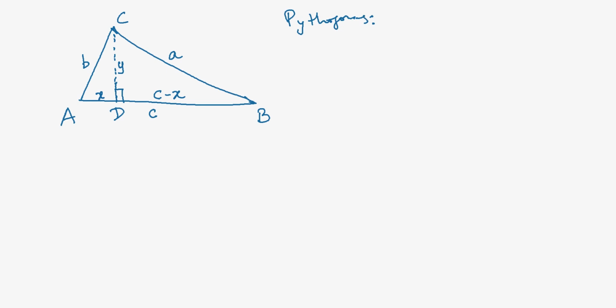What hypotenuse do you want to write first? Okay, a square. So in triangle BCD, we have a squared is equal to c minus X the whole square plus Y square.